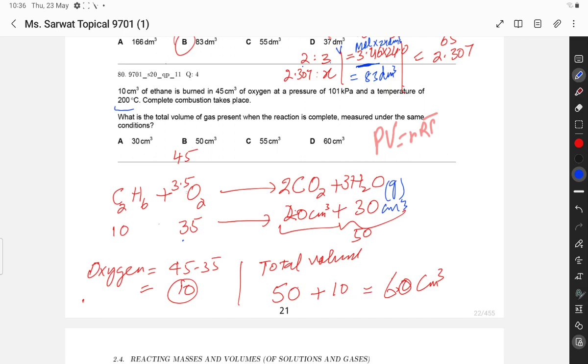Out of 45 centimeter cube, 35 centimeter cube of oxygen is used. So 10 centimeter cube of oxygen is left behind in the product, and the total volume is 50 of carbon dioxide and water plus 10 of oxygen, and we get 60 centimeter cube. The answer is D.